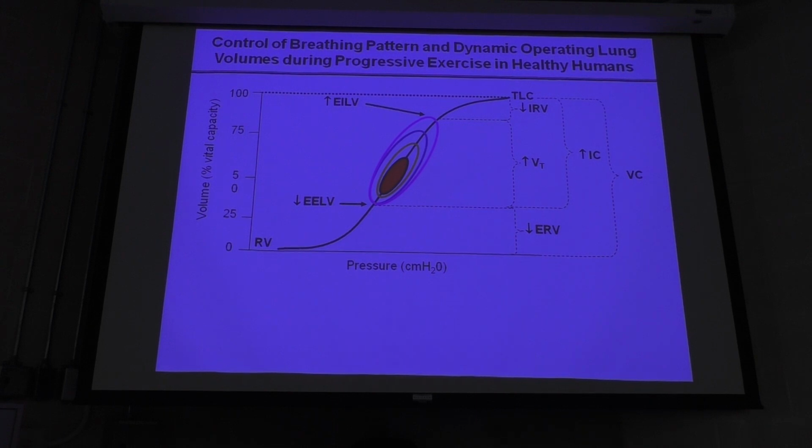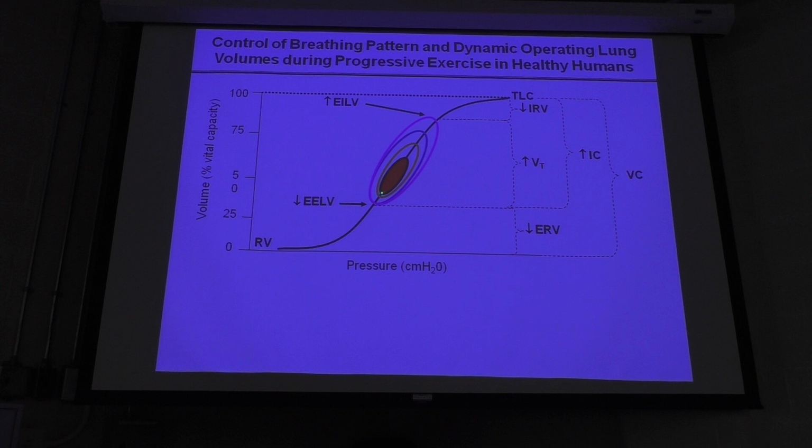So let's say, for example, that you had to achieve the same pink tidal volume expansion, but you didn't have the exercise-induced decrease in end expiratory lung volume. End inspiratory lung volume would be positioned where? Higher or lower to TLC? This pink curve would shift up, right?